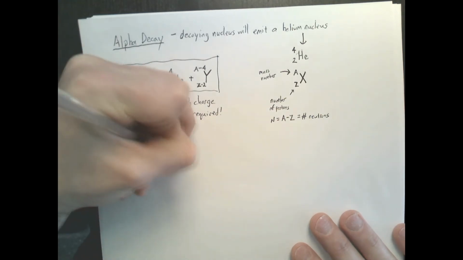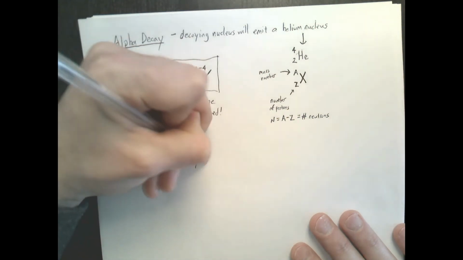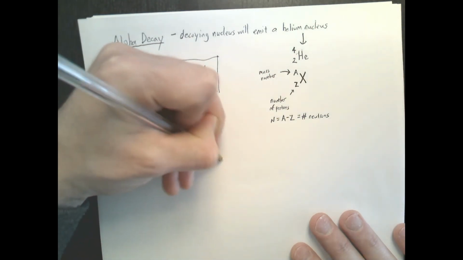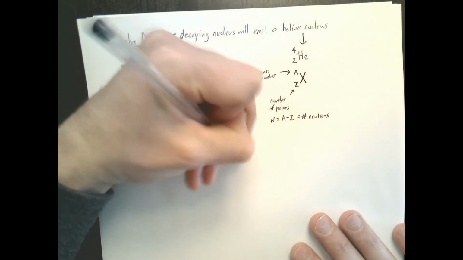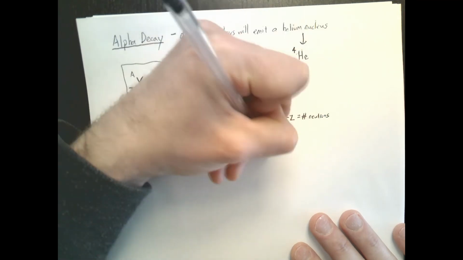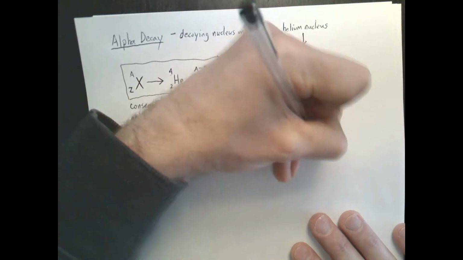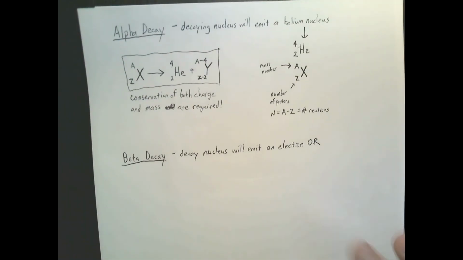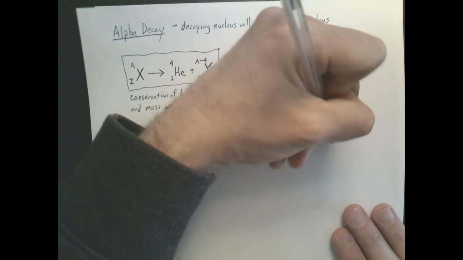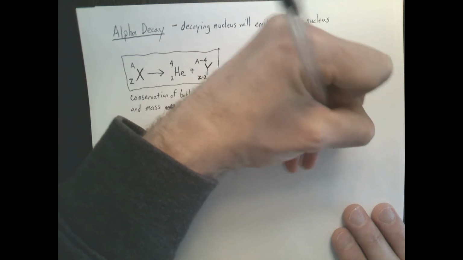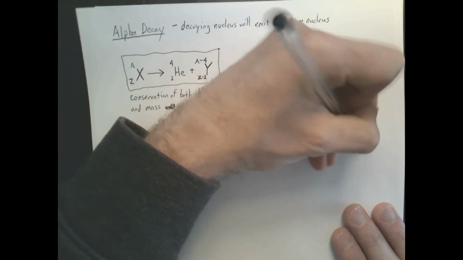Beta decay is when a decaying nucleus will emit an electron, or there's actually 2 kinds of beta decay. There's one where it'll emit an electron, and there's one where it'll emit a positron. So what the heck's a positron?